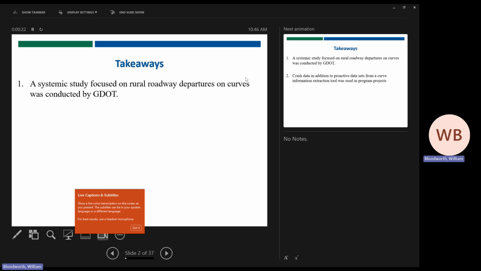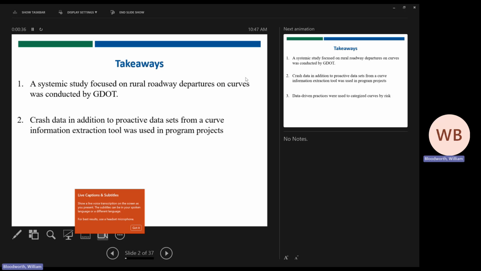I have three takeaways for you today, three things to leave with. The first is that we did a systemic project focused on rural roadway departures on sharp curves across the entire state for our state routes. Crash data, in addition to some proactive data sets related to curve information from the Georgia Tech Curve Information Extraction Tool, was used to help program these projects.